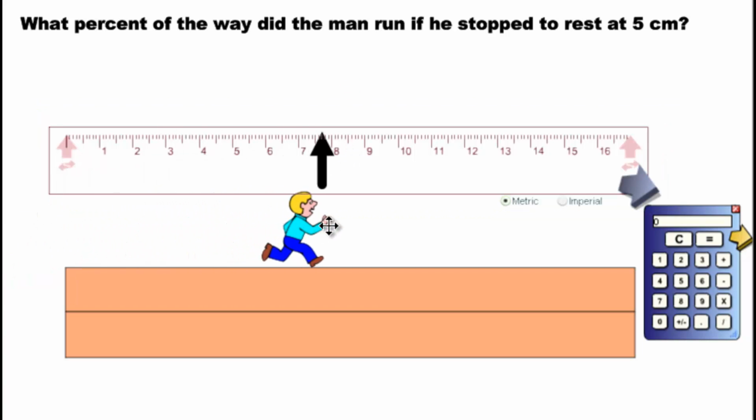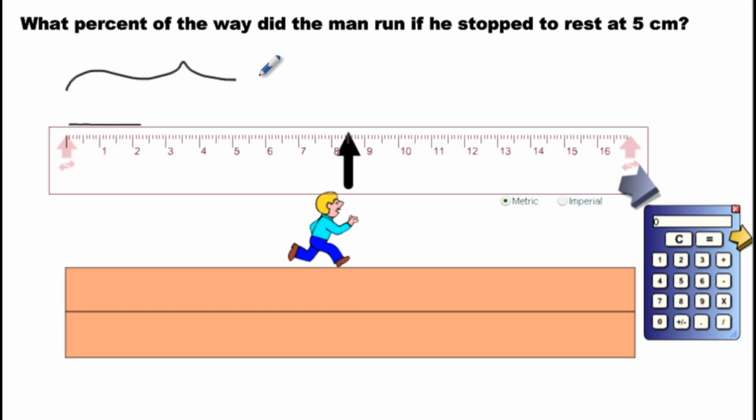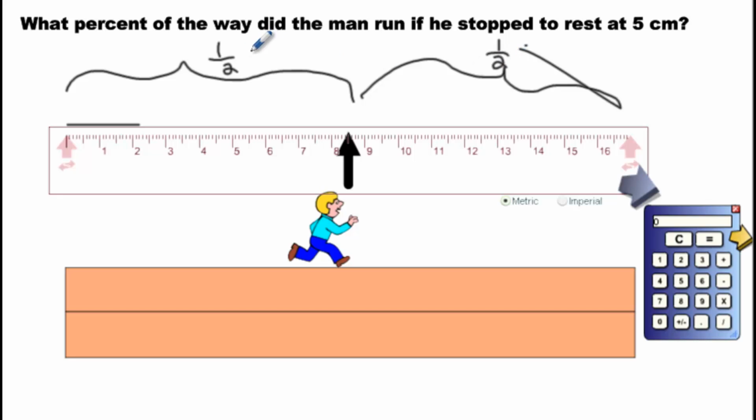If he ran to 8.5 right here, and he stopped, that would be exactly 50% of the way. Because this here would be half, and this here would be exactly the other half. And that would be 50%, and that other side here would be 50%.